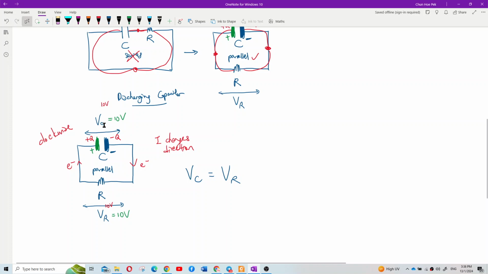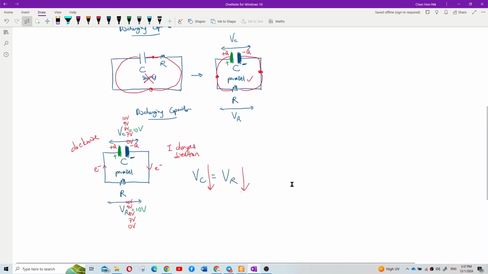So from initially 10 volts, it keeps decreasing, 9 volts, 8 volts. When the capacitor becomes 9 volts, the resistor voltage also becomes 9. When the capacitor becomes 8 volts, the resistor also gets 8 volts. 7 volts, 7 volts. Finally, when fully discharged, the capacitor becomes 0. So the resistor also becomes 0. Fully discharged. Understand? Become 0. So the capacitor voltage decreases, the resistor also decreases.